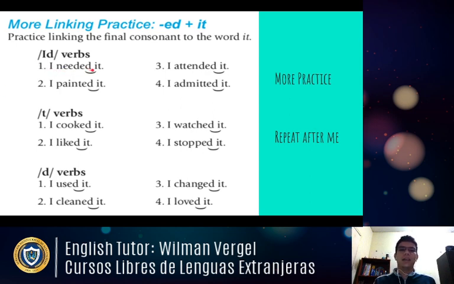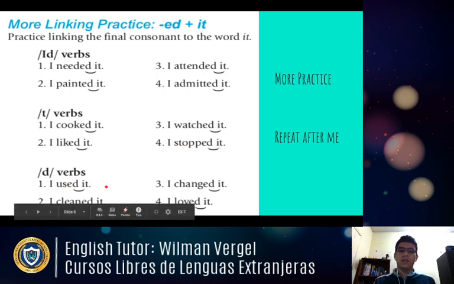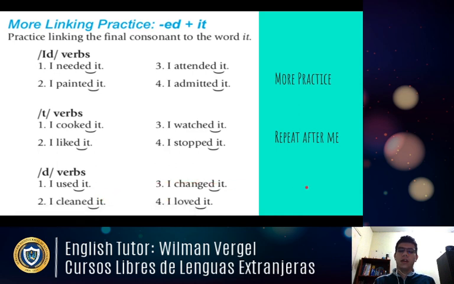Okay, needed it, painted it, attended it, and admitted it. With T, we say I cooked it, I lighted it, I watched it, and I started it. And with D, we say I used it, I cleaned it. Number 3, I changed it. And number 4, I loved it.